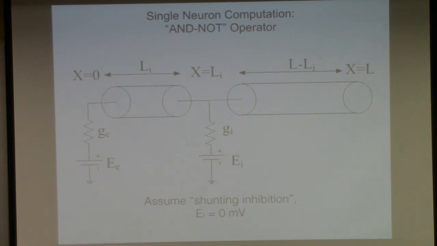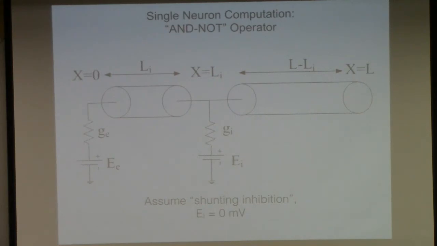But what it does is it kind of opens a hole in the membrane. So if current is injected out here and that current is moving towards the soma, turning on this conductance can shunt it out and divert it from reaching the soma. So this is called shunting inhibition. So the way they built an AND NOT operator intuitively is to use this shunting inhibition.